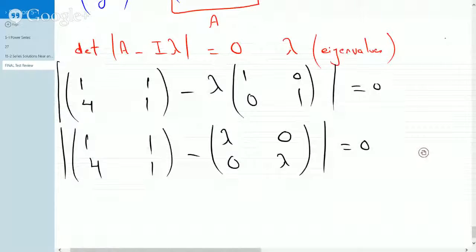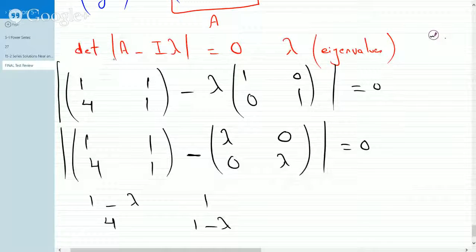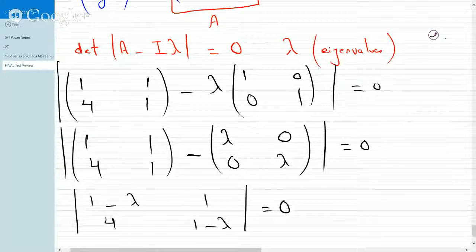And now we can subtract from each other. So we get 1 minus lambda, 1, 4, 1 minus lambda. And we're going to take the determinant of this matrix and set it equal to 0.